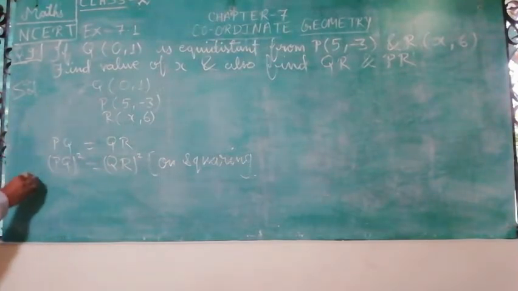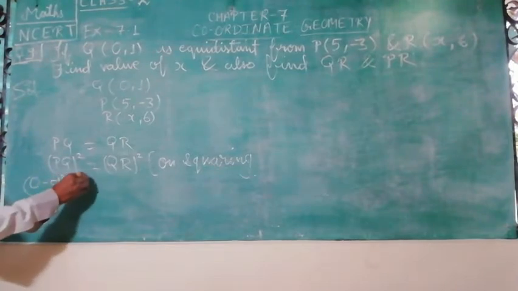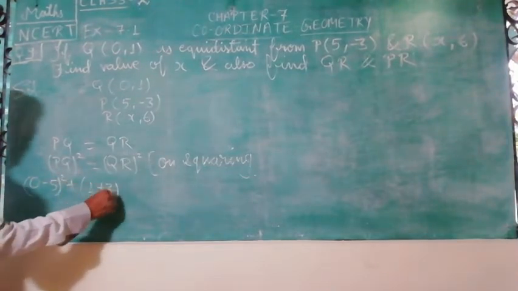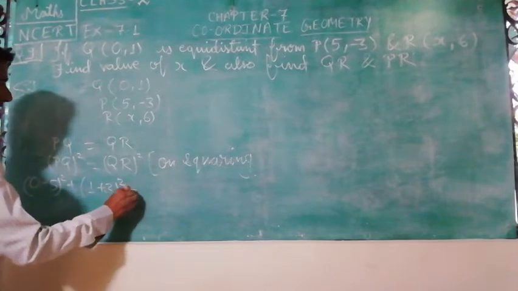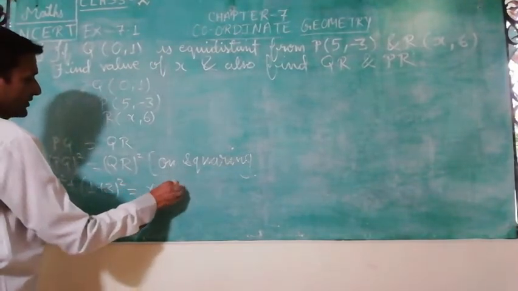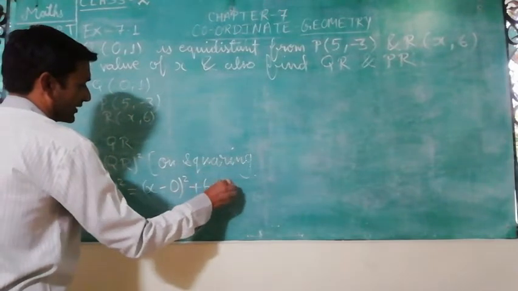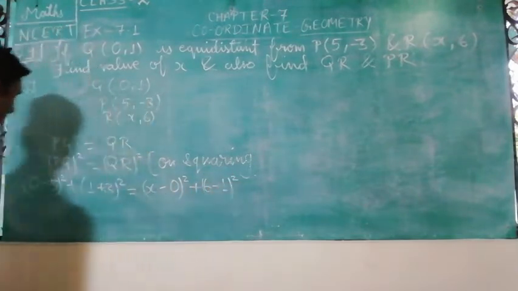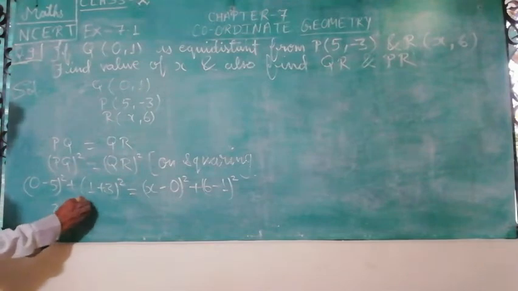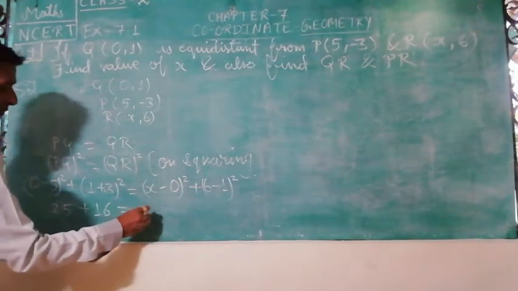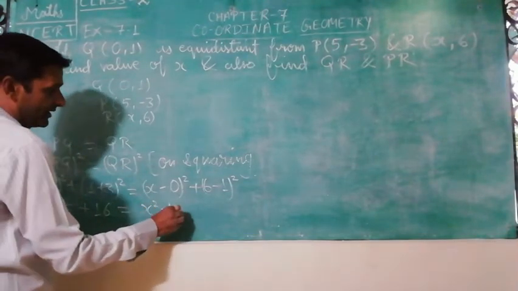So PQ means (0 minus 5) whole square plus (1 plus 3) whole square is equal to (x minus 0) whole square plus (6 minus 1) whole square. So what will it be? It will be 25 plus 16 is equal to x square plus 25.